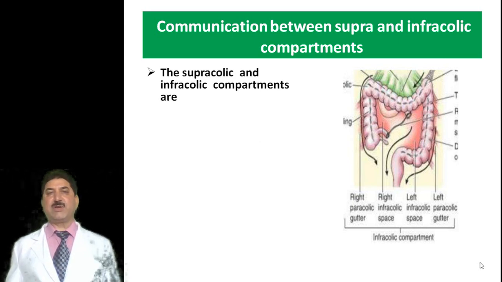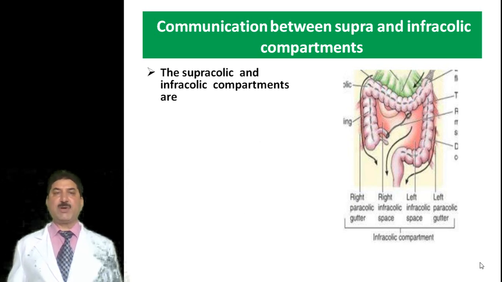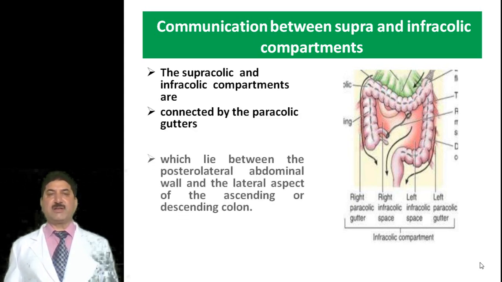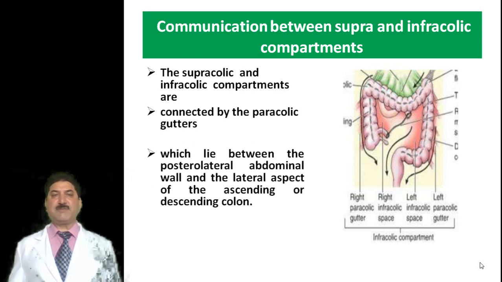Communication between supra and infracolic compartments. The supra and infracolic compartments are connected by the paracolic gutters, which lie between the posterior lateral abdominal wall and the lateral aspect of the ascending or descending colon.